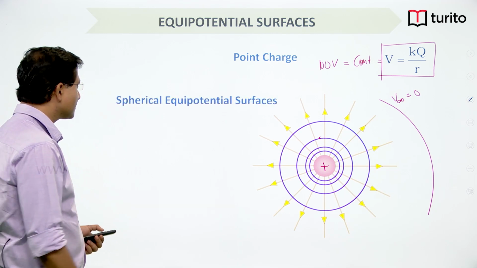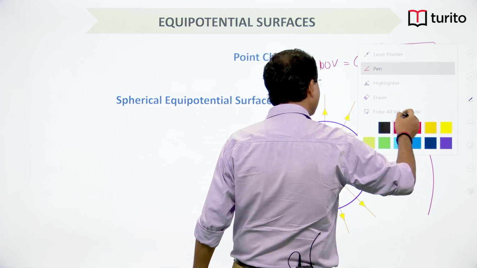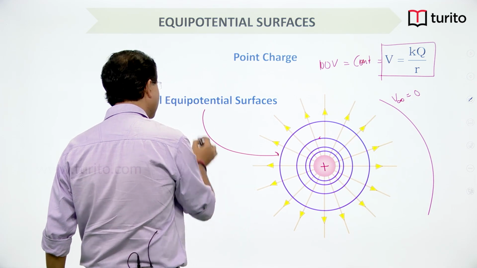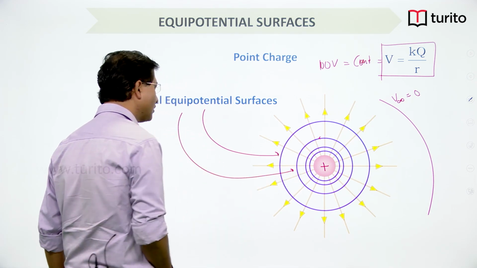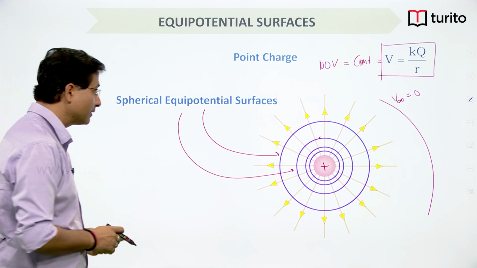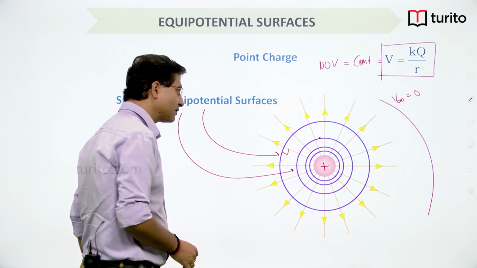So, our equipotential surfaces will be spherical. They all are representing equipotential surfaces. You can observe one point: these field lines are making 90 degrees with the equipotential surface.